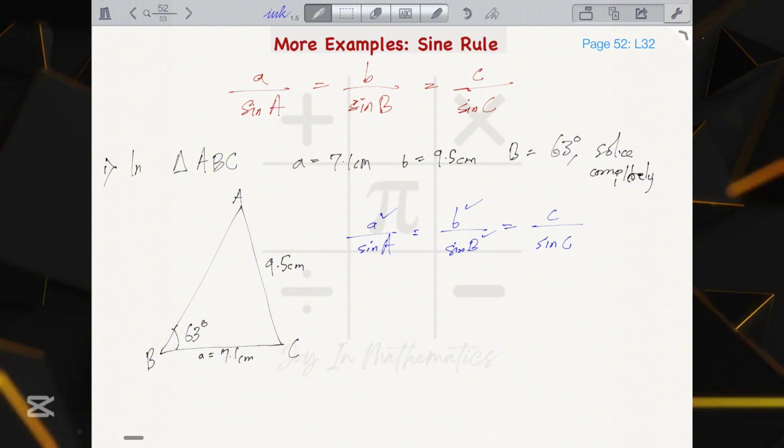So the first thing we will do is to evaluate angle A. And to do that, we are going to apply A and B. So we are using A divided by sine A is equal to B divided by sine B. A is 7.1, sine A, we are looking for angle A, and B is 9.5 with sine B, which is sine 63 degrees.